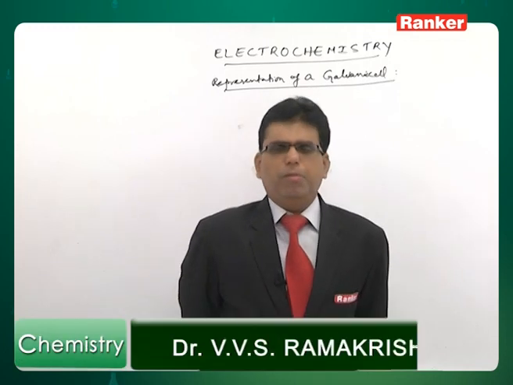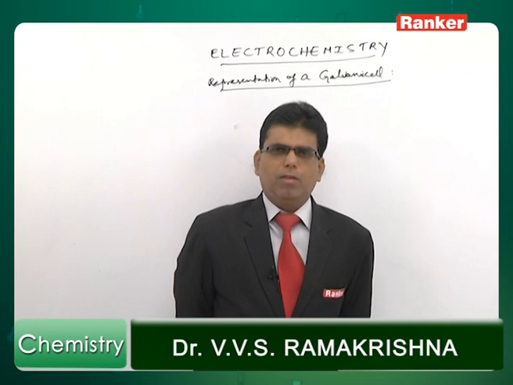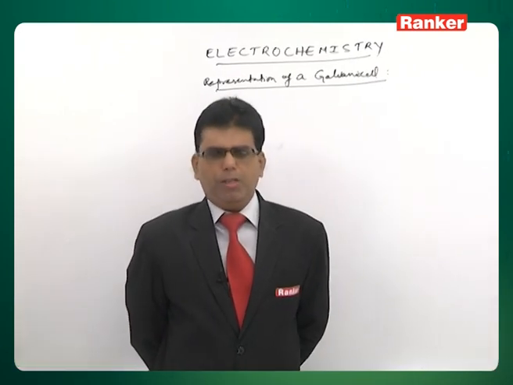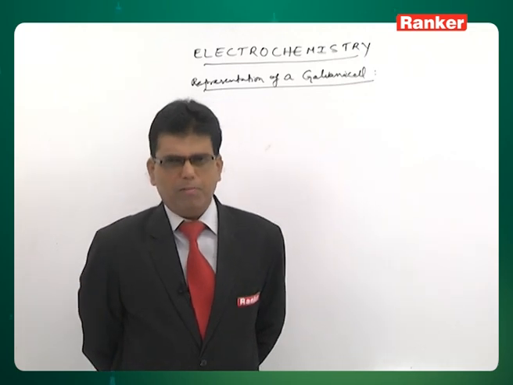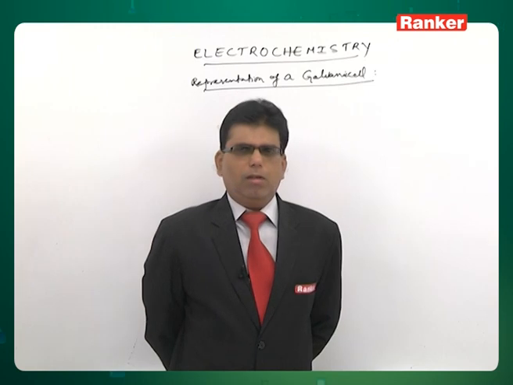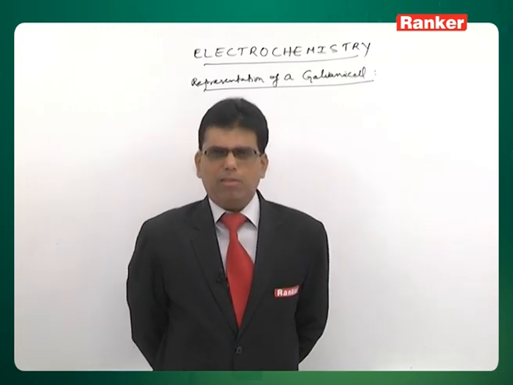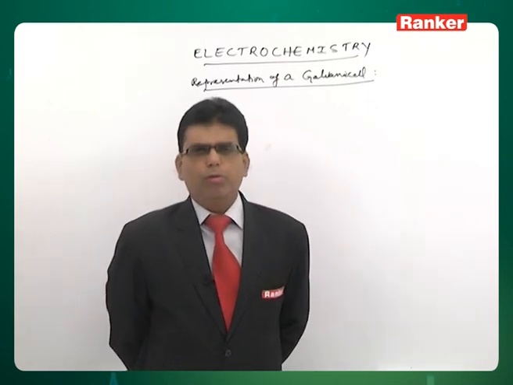Just as with IUPAC nomenclature for organic compounds, as we learned, there is a systematic procedure given by the International Union of Pure and Applied Chemistry. Here also we have a systematic notation for representing galvanic cells.